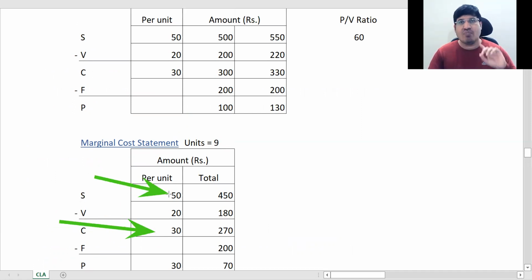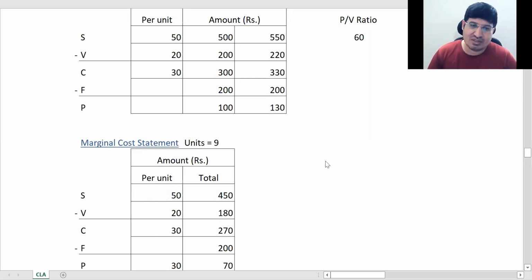These two are complementary ratios. So the total will always be equal to either 1 in decimals, or 100 in percentages. That is variable cost ratio.